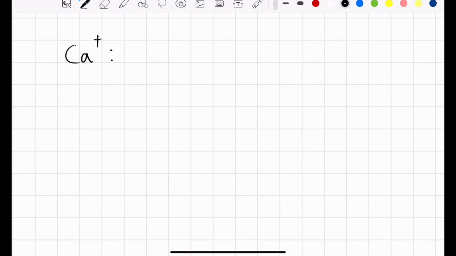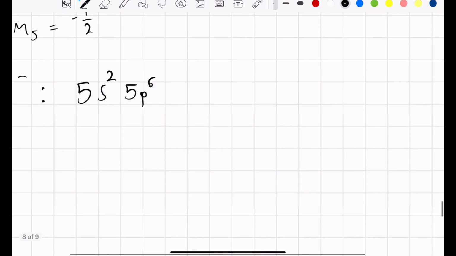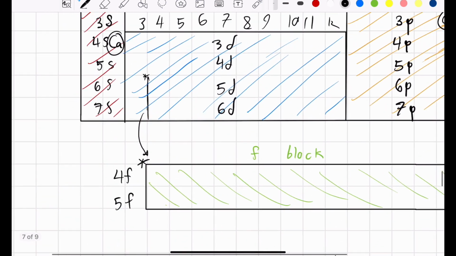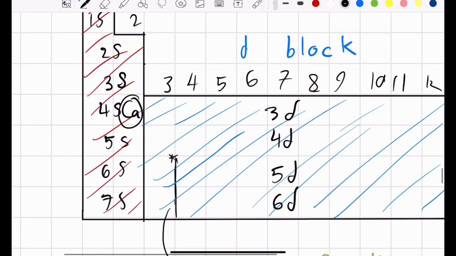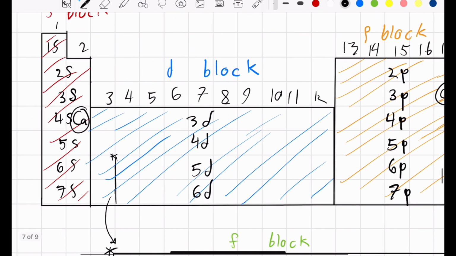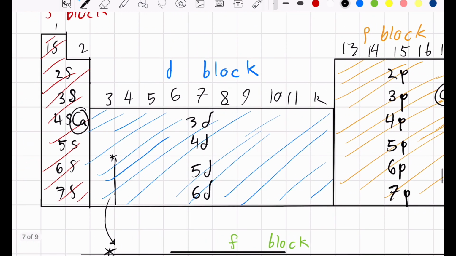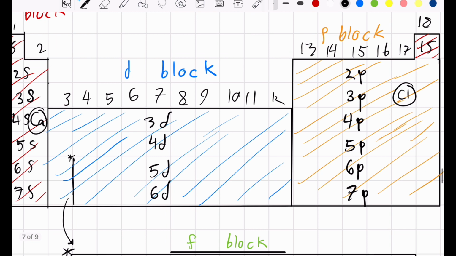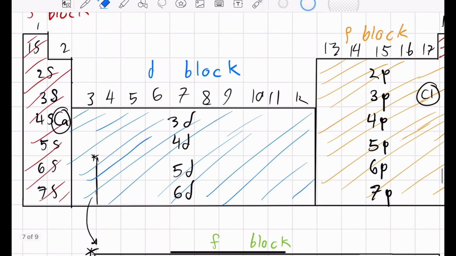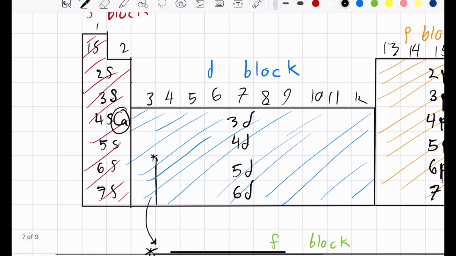For our next example, we have calcium cation. And if we go back to our periodic table, we know that calcium is right here. And since we know that the shells below the valence shell, which is the 4s, are all going to be fully filled and paired, we're just going to look at the final valence shell, which is the 4s.